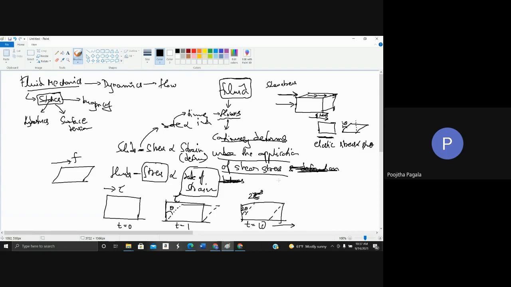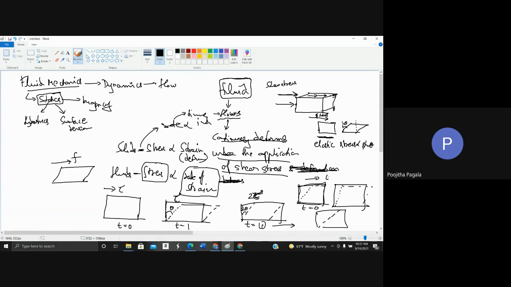Whereas when you come to a liquid, initially at time t is equal to 0, there will be no deformation. At t is equal to 1, you will find some deformation. At t is equal to 5, you will find a little more deformation.